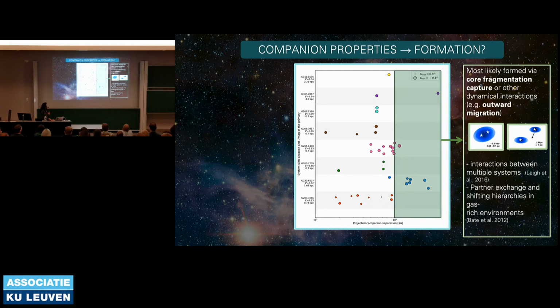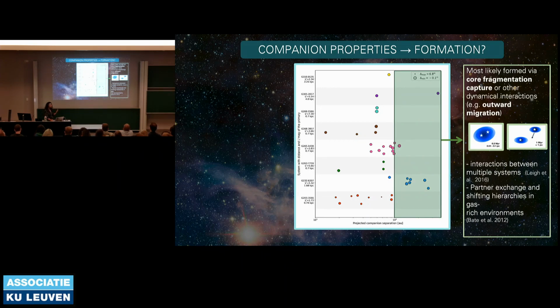So for companions with separations greater than 10,000 AU, we know that disk fragmentation is less likely because we haven't spotted any disk accretion around a massive star that is that big. So it's most likely core fragmentation or capture, or other dynamical interactions such as outward migration.